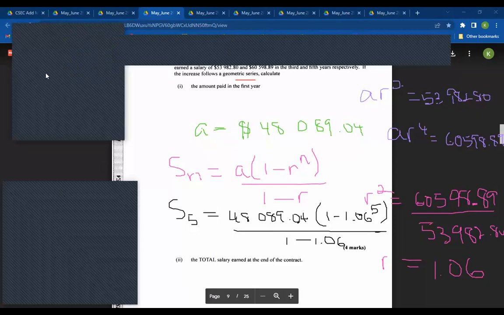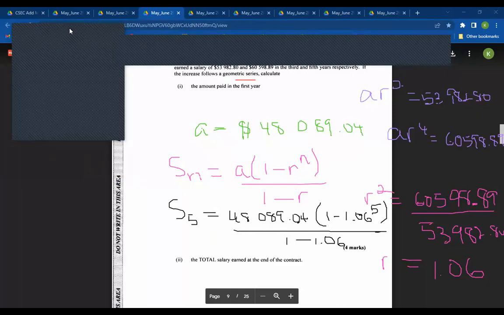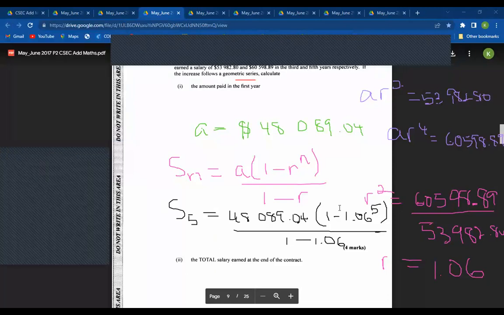Tell me what you get for the answer. Careful how you put it into the calculator.